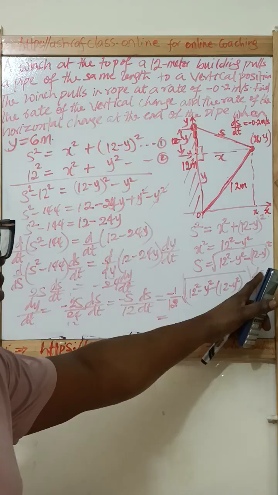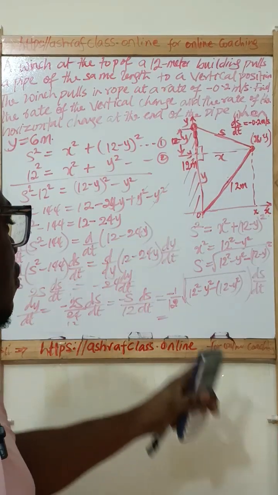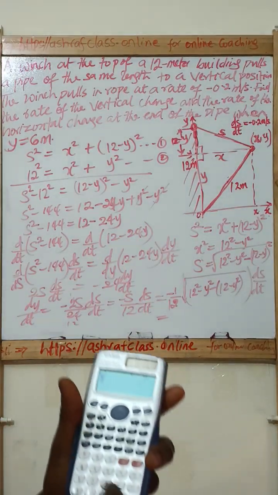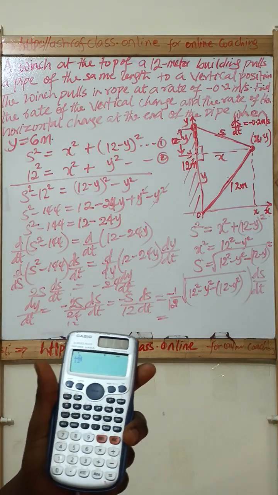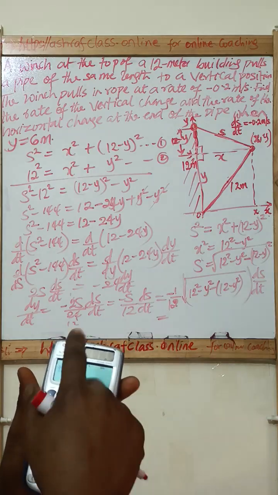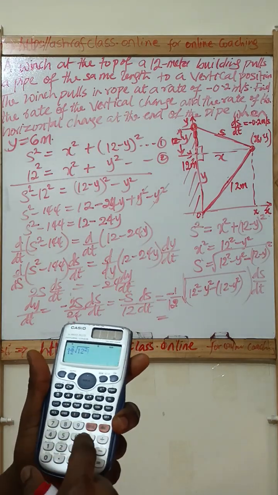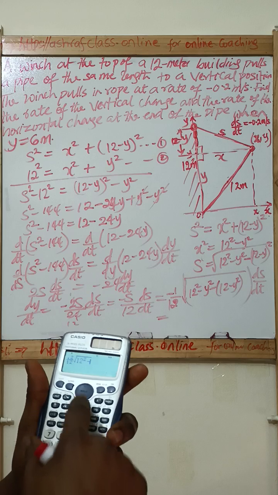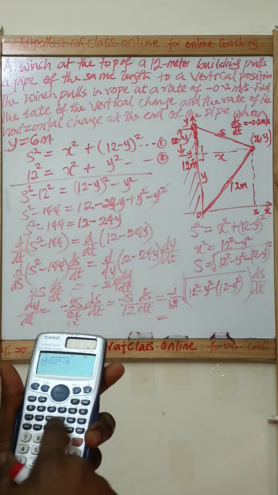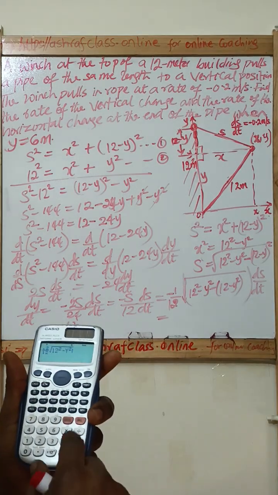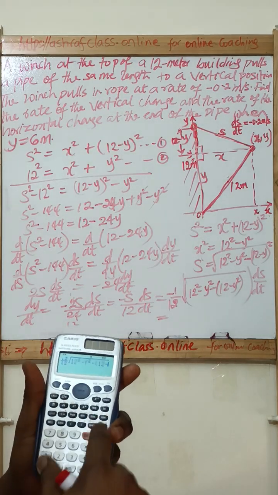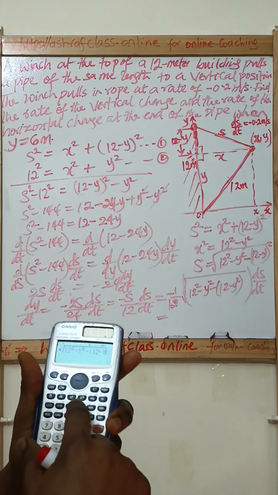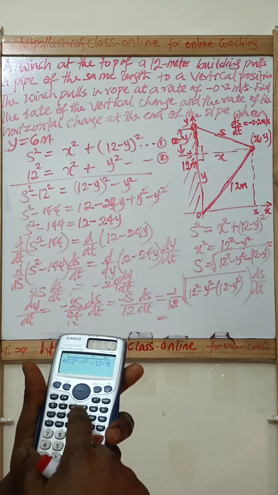We have the ds dt is minus 0.2 times this one, that will be 0.2 over 12. Then the square root of 12 squared minus y squared, then minus 12 minus y, everything is squared.